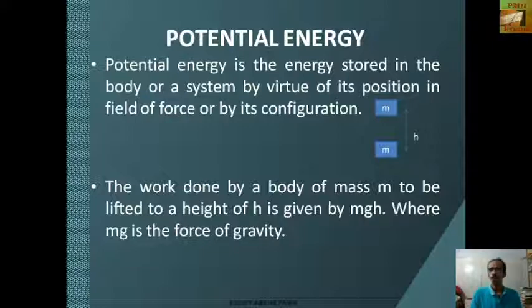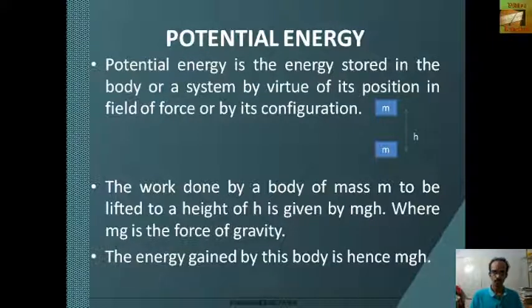We know that work is the product of force and displacement, and hence we get the total work done to raise the body to a height of h is equal to mgh. Now the energy gained by the body is hence mgh. Hence the formula for potential energy due to gravitational force is given by the formula mgh.